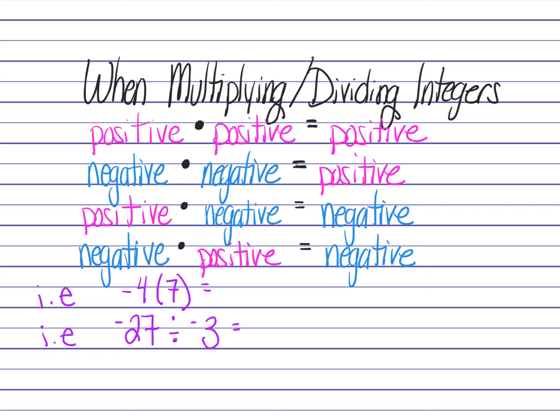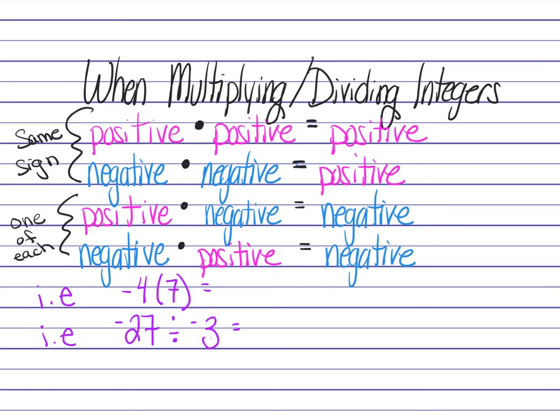When it comes to multiplying or dividing integers, if the signs are the same, so you're dealing with a positive times a positive, a negative times a negative, those signs are the same, then your answer is going to be a positive value. Now, if you have different signs, like you have one of each, a positive and a negative, then your answer is going to be negative.